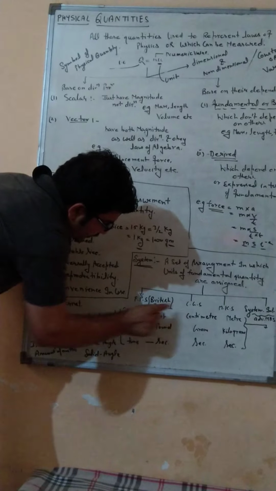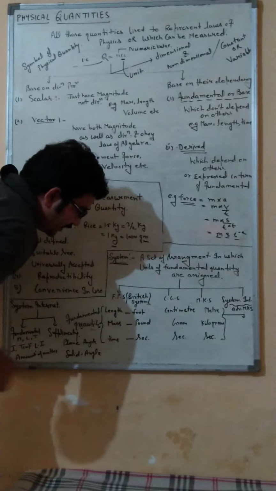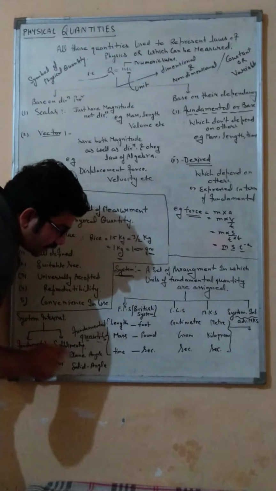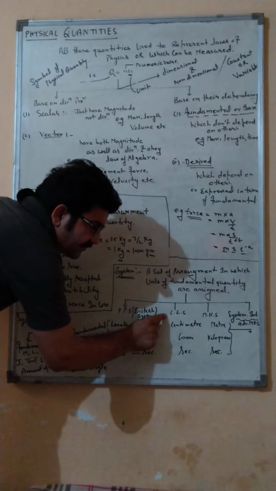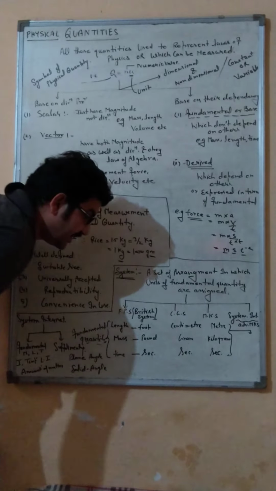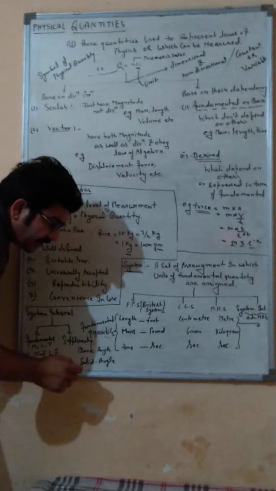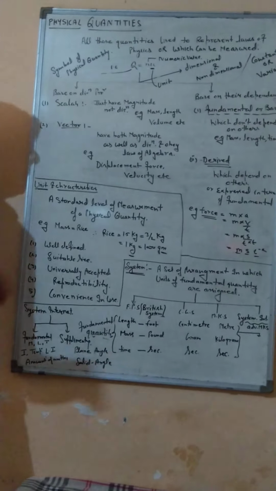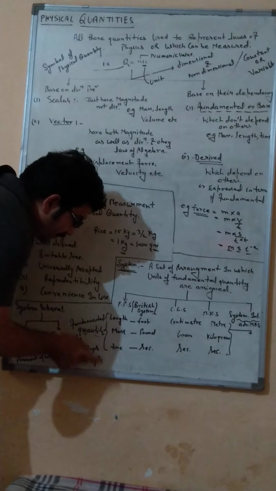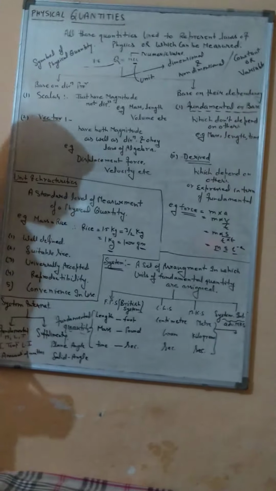In FPS, length is measured in foot, in CGS in centimeter, and in MKS in meter. Similarly, mass is measured in pound in FPS, in gram in CGS, and in kilogram in MKS. Time is a special fundamental quantity which has a common unit in all systems. Keep that in mind, important thing, while length and mass change their units from system to system.